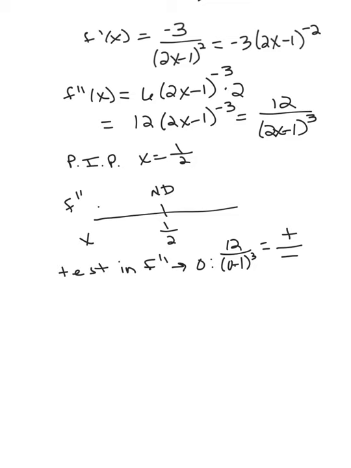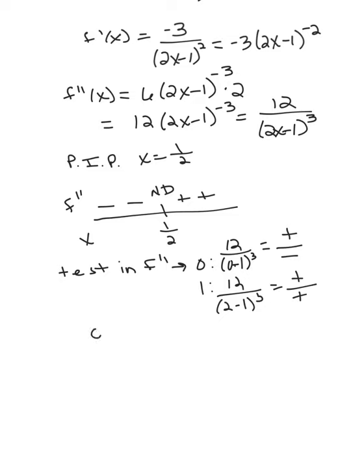So the items to the left of 1/2 are going to be negative. If we try 1, we will have 12 over 2 minus 1 to the third. The 12 is positive. 2 minus 1 is 1 to the third, which is positive. So the items to the right of 1/2 are positive.